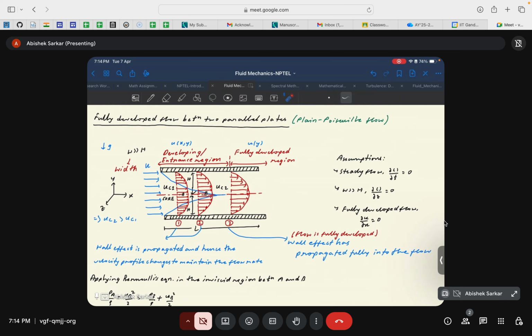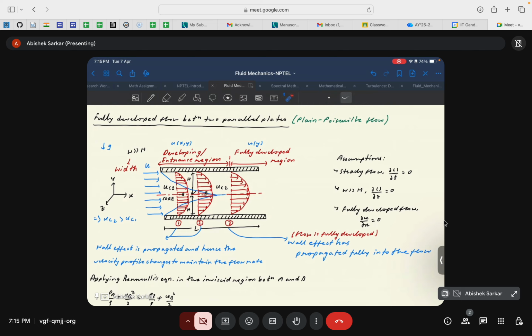Why this happens is because the wall effect is propagated further when the flow is developing, and that's why the velocity profile has to change to maintain the flow rate. This is written here, and you can just take it for granted for now, because why the velocity profile changes as we move further into the plate needs a bit more understanding of the boundary layer and other concepts such as displacement thickness.